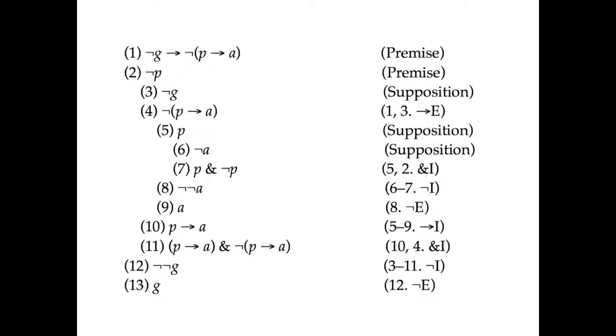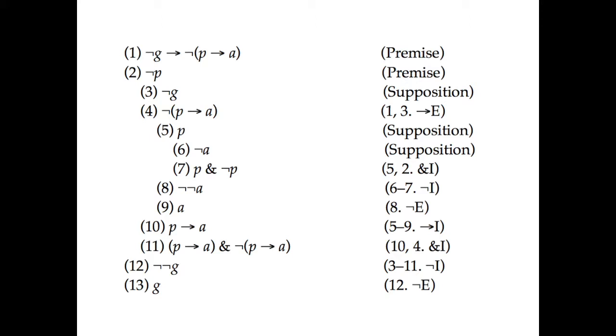We're going to let P mean I pray. And we're going to let A mean God answers my prayer. So look at line 1 of this proof now. It says, if God does not exist, then it's not the case that if I pray, then God answers me. And that's the first premise of the argument. Line 2 is the second premise. It says, I do not pray.